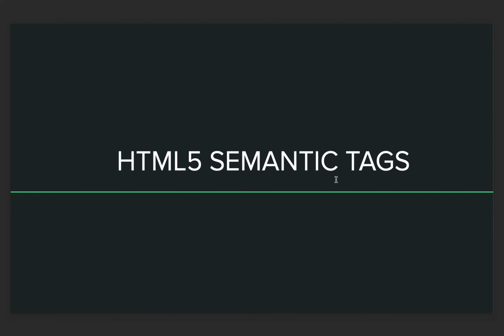So prior to HTML5 semantic tags, content was just wrapped in divs, and divs are non-semantic. A div does not really tell you anything about the content itself. So non-semantic tags are div, span, and the likes.